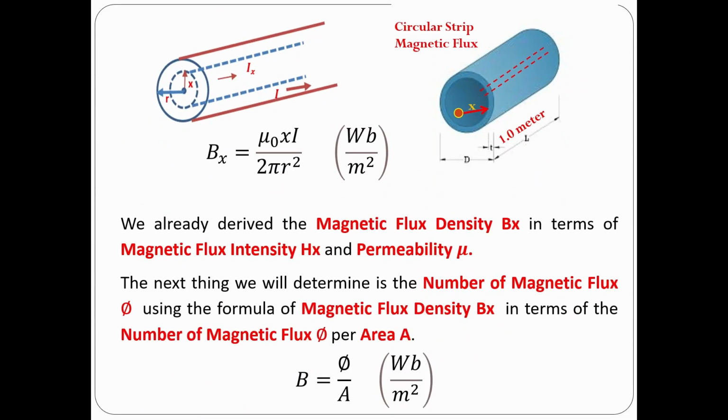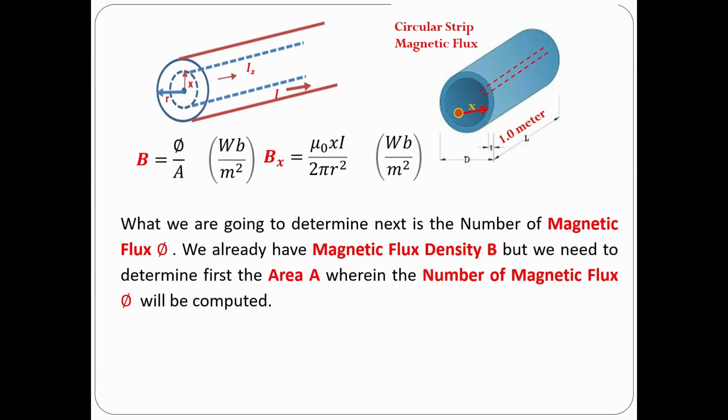We already determined the magnetic flux density Bx in terms of magnetic field intensity Hx and permeability mu. The next thing we will determine is the number of magnetic flux using the formula of magnetic flux density Bx in terms of the magnetic flux per area A. Therefore, B is equal to flux over area A.